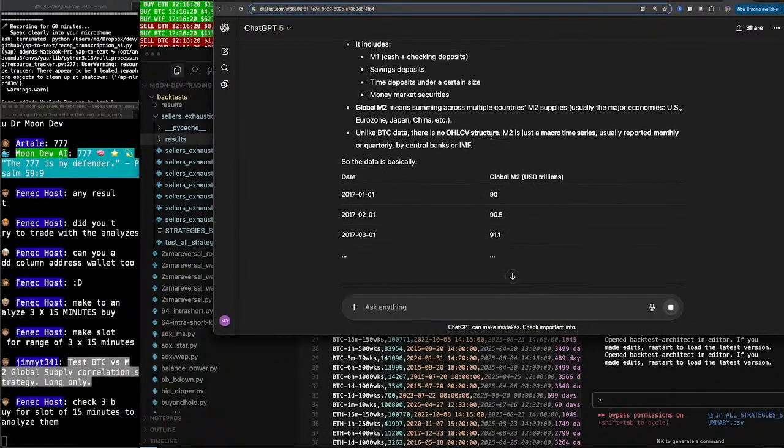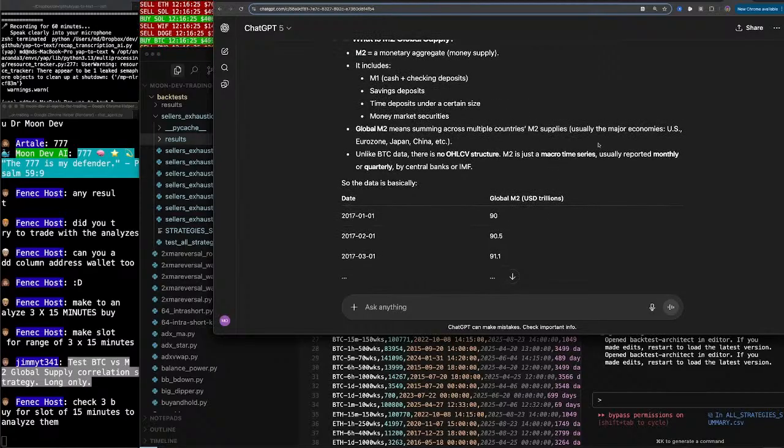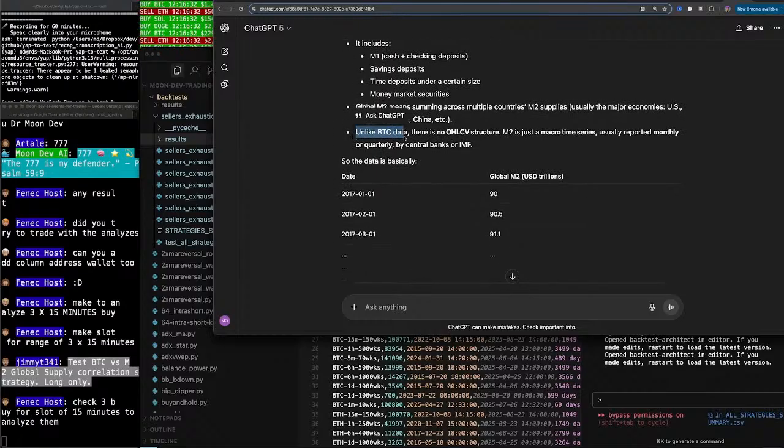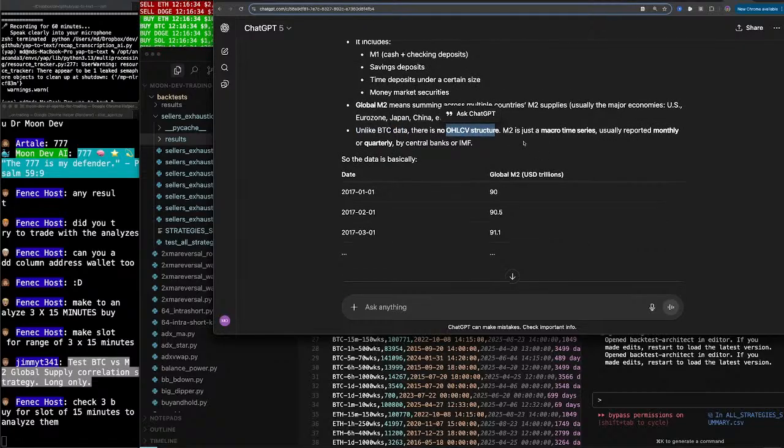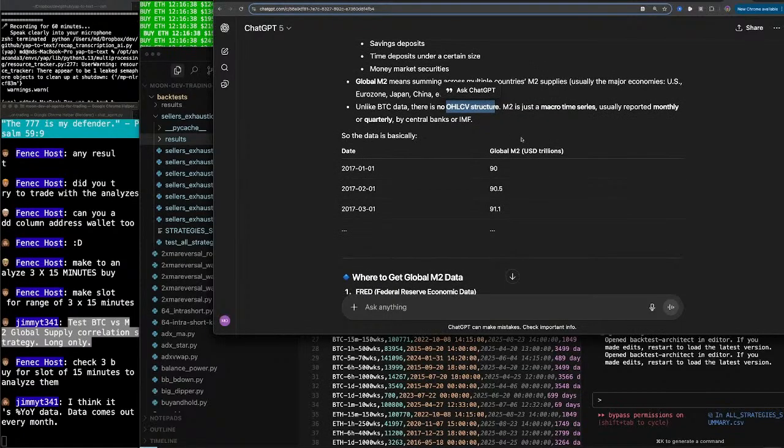Global M2 means summing across multiple countries, usually the major economies: US, Euro, Japan, China, etc. Unlike BTC data, there is no open, high, low, close, volume structure. M2 is just a macro time series, usually reported monthly or quarterly.